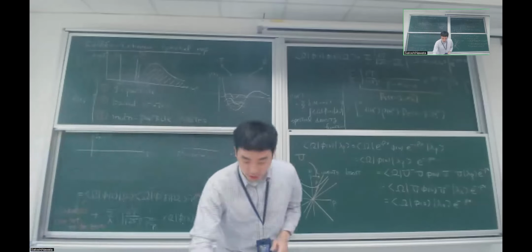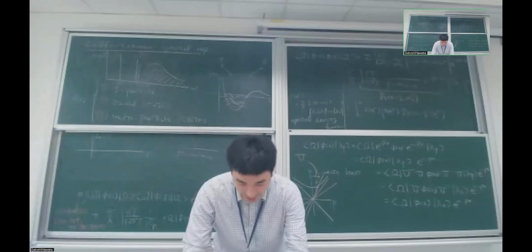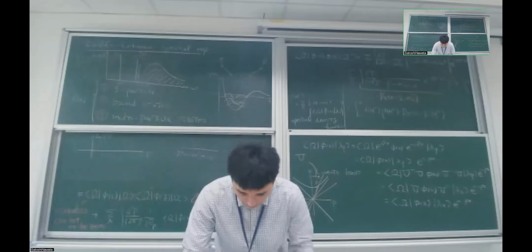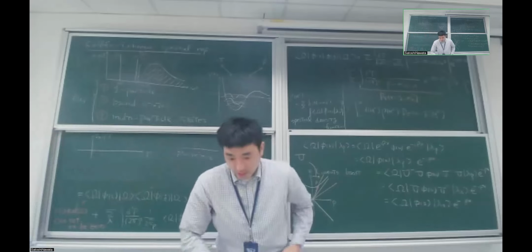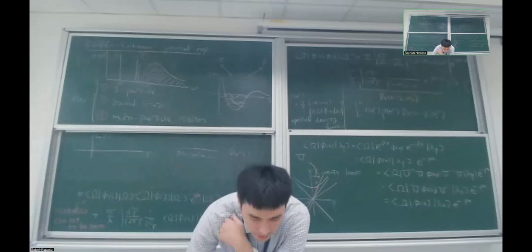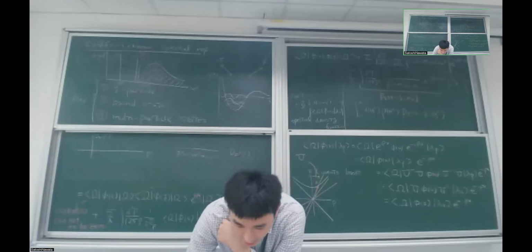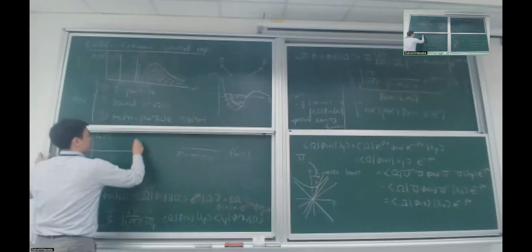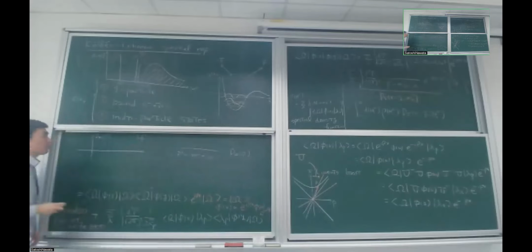I think I need to go to Peskin. Sorry, I didn't write down this figure in the lecture note. Is it P square? Maybe I should go to Peskin. Oh yeah, I think P square. Sorry, this is P square. You just treat it as P square.